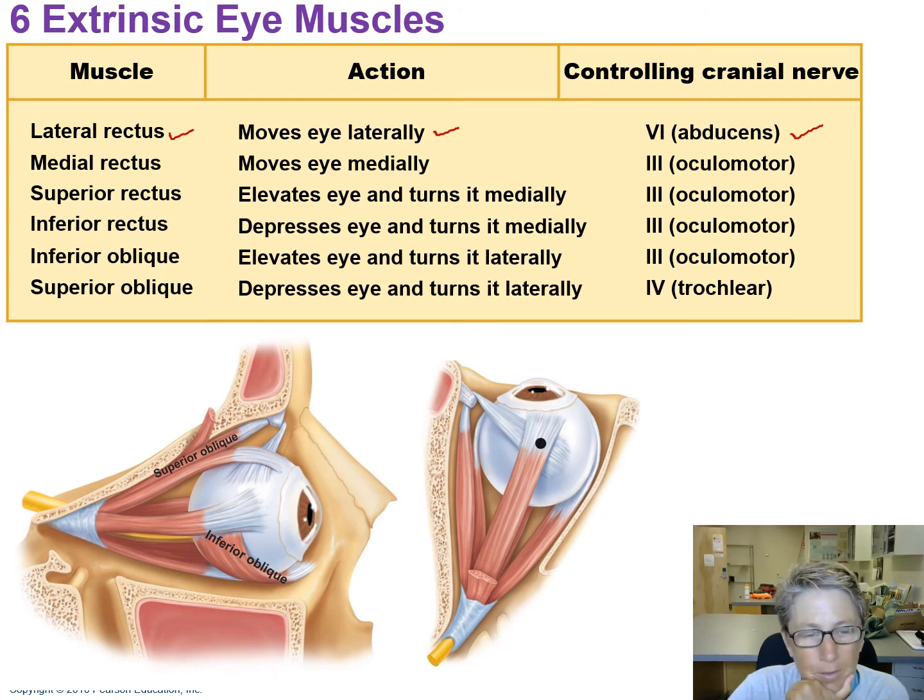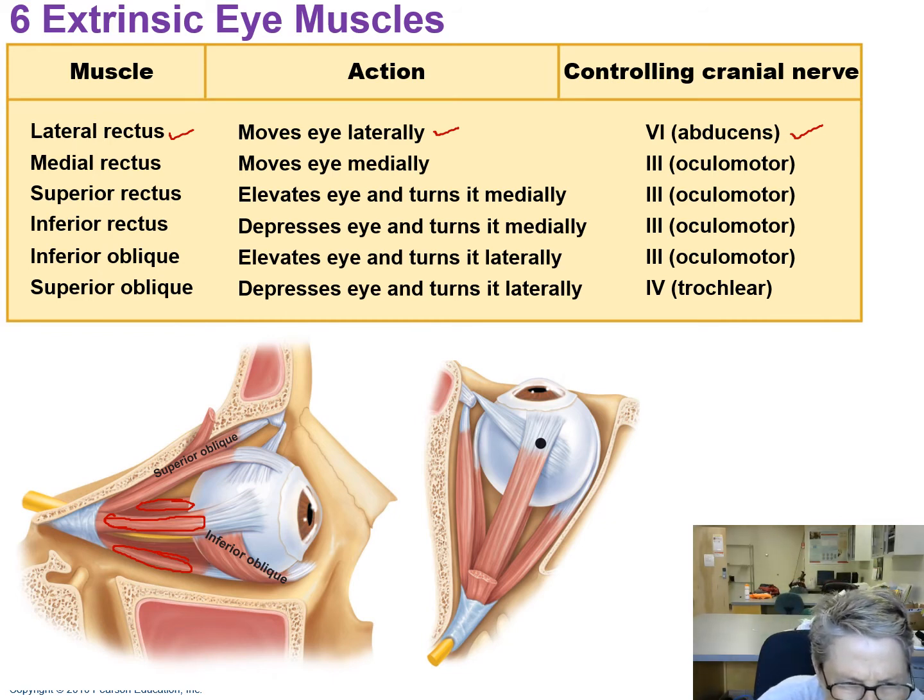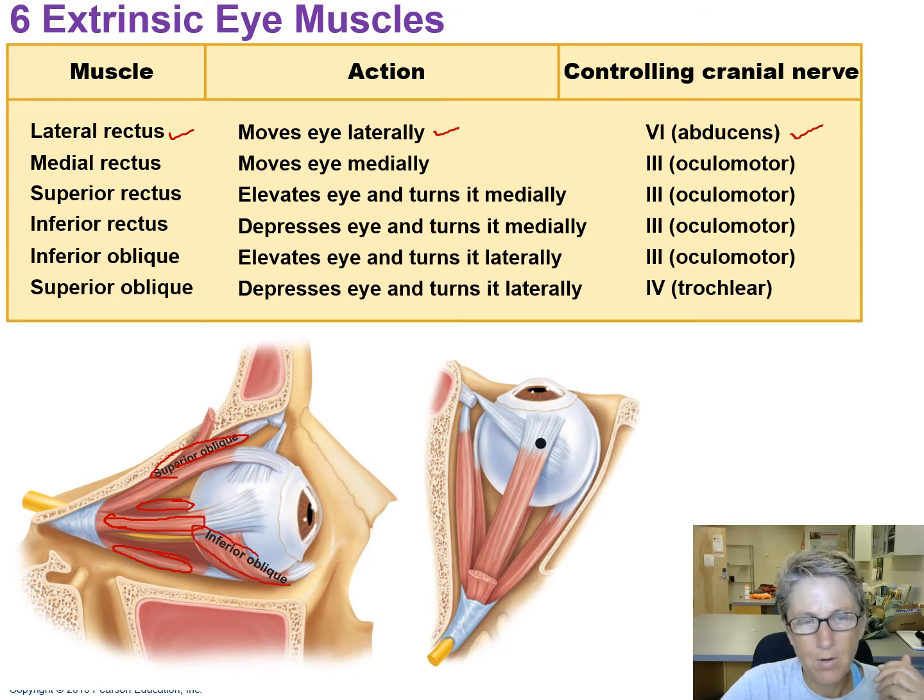This looks like it's the right eye, so this would be the lateral rectus, and then in here would be the medial rectus, and then here would be the inferior rectus, and these guys running at an angle would be the superior oblique and the inferior oblique.